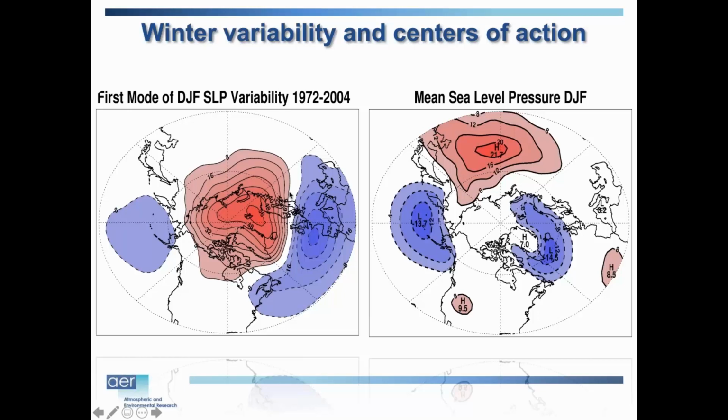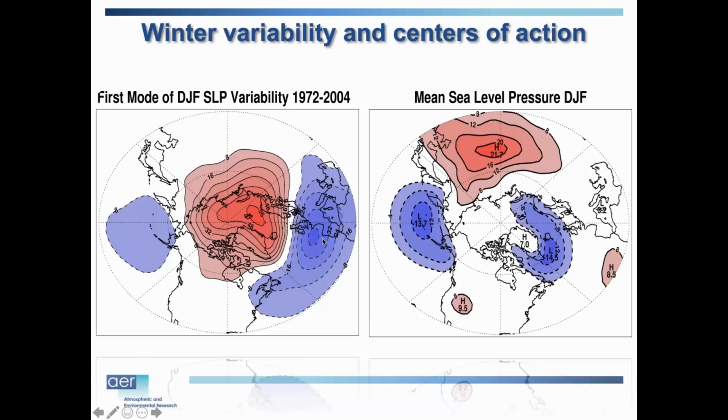And then the first mode of variability is called the Arctic Oscillation. It's strongly related to the North Atlantic Oscillation. And you can see it's this tripole. You have one anomaly centered over the Arctic, or maybe more towards the North Atlantic, and then two other anomaly centers in the ocean basins themselves, in the North Atlantic and North Pacific.